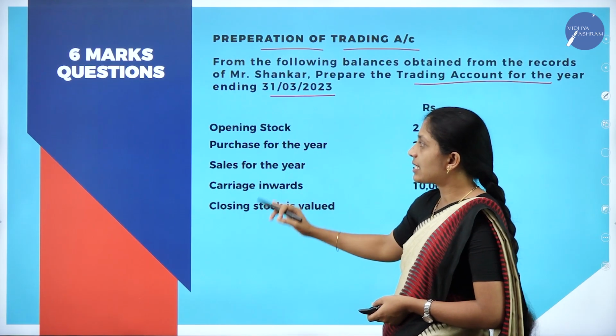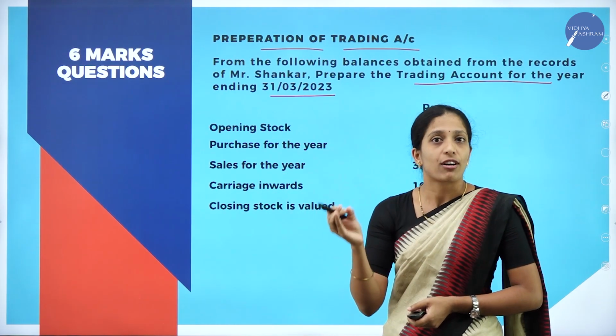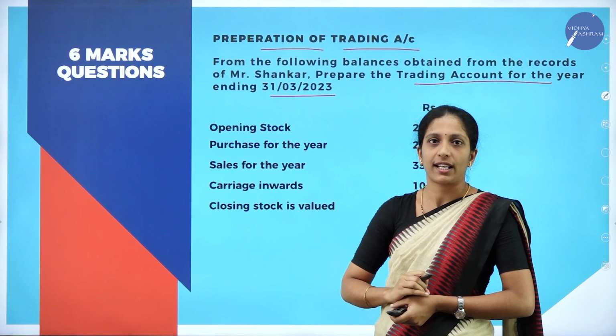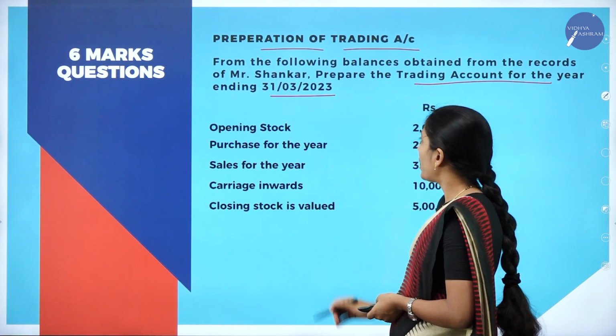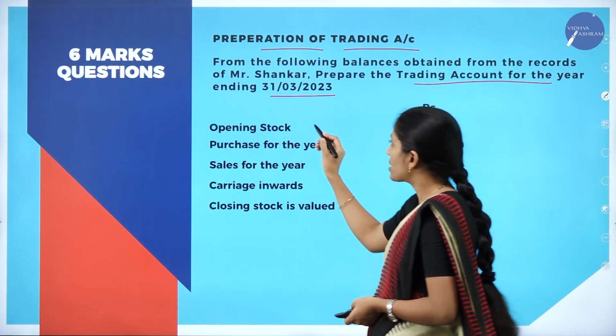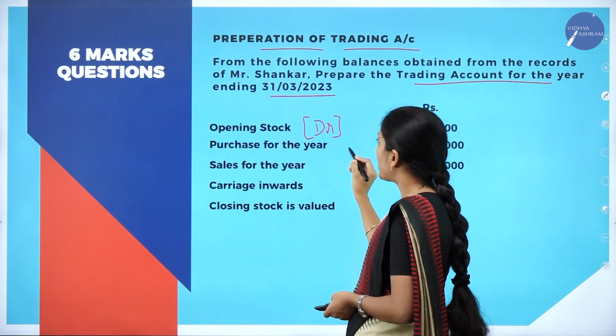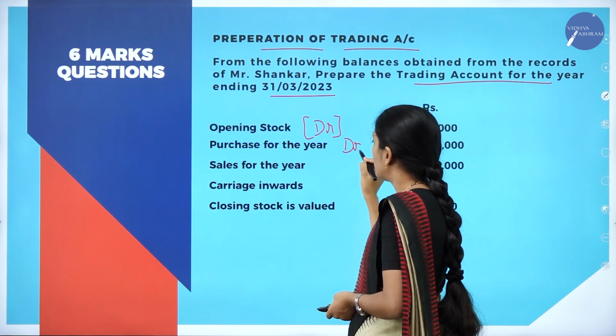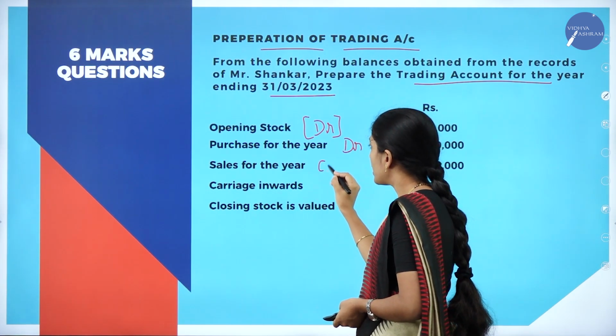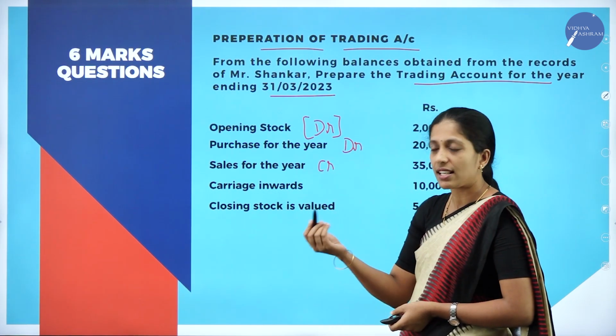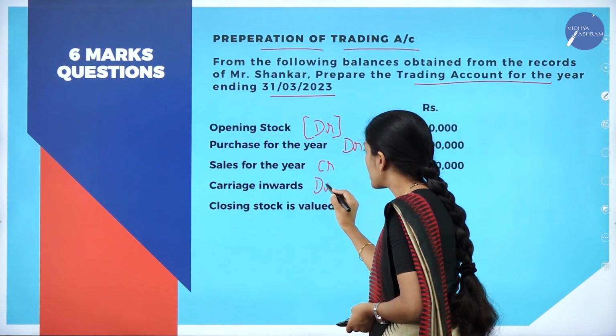By seeing this itself, let us identify which has to be recorded in the debit side and which in the credit side. Now opening stock they have given 2 lakh. So this is opening stock, on the debit side. Next, purchases, debit side. Sales, credit side. Carriage inward, it is a direct expense, debit side.